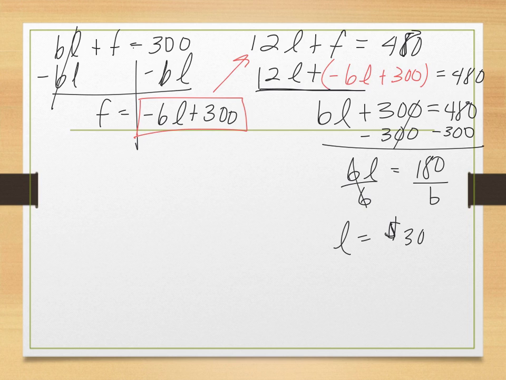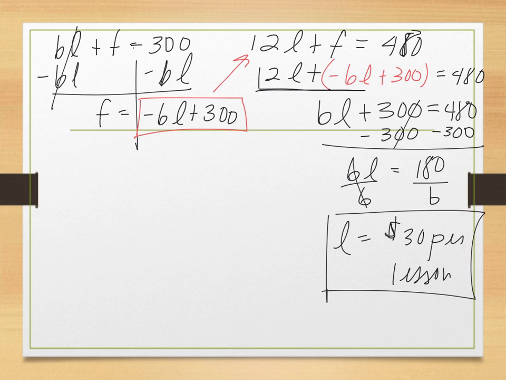So $30 per lesson. And again, if you use the context of the problem, we don't then have to determine, for example, what X and Y are. We can just use whatever variable we're using. So again, now that I know that there are $30 per lesson, now I can figure out how much the fee is. So the fee is negative 6 times the amount of the lesson.